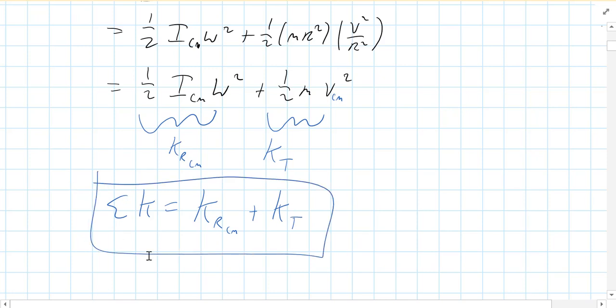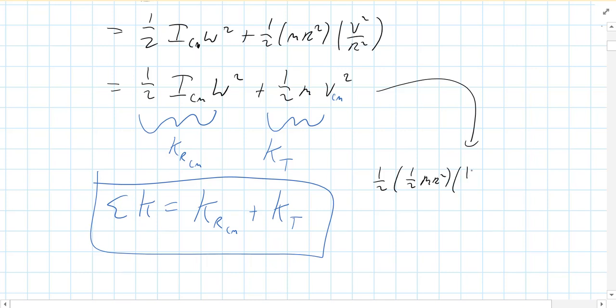For this particular example, how does the total kinetic energy compare to just translational? Well, remember omega is equal to V over R, and I_CM for a disk is 1/2 m r squared. So on the left, we have 1/2, moment of inertia center of mass is 1/2 m r squared.